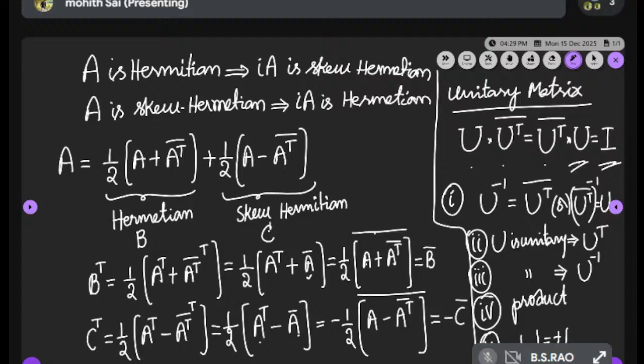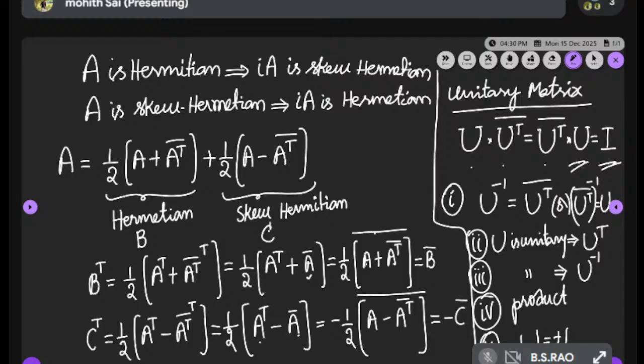For unitary, the magnitude is 1. Here also, for any unitary matrix, the product of eigenvalues has its absolute value 1.